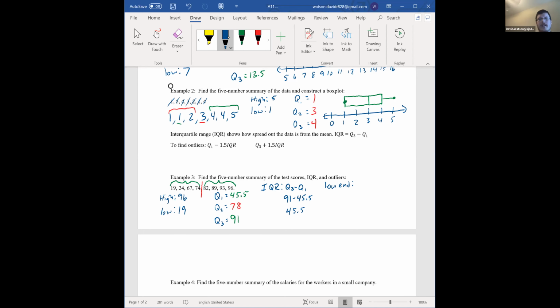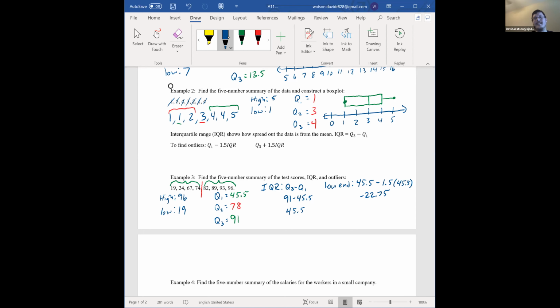We do Q1, which is 45.5, minus 1.5 times 45.5. All right, so if we put that into our calculator, we get negative 22.75.